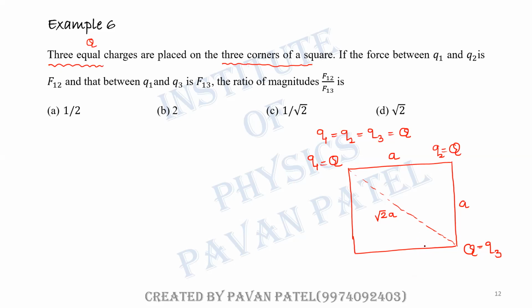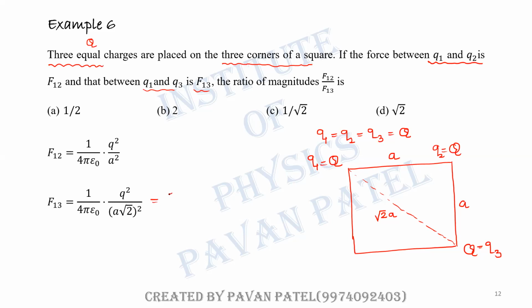So what should be the value of F12? The force between Q1 and Q2 is 1 upon 4 pi epsilon 0, Q square divided by a square. And then the force between Q1 and Q3, F13, is equal to 1 upon 4 pi epsilon 0, Q square divided by root 2 a whole square.